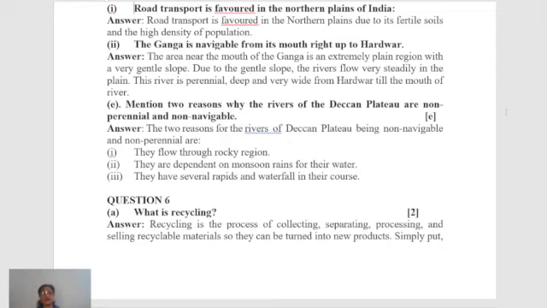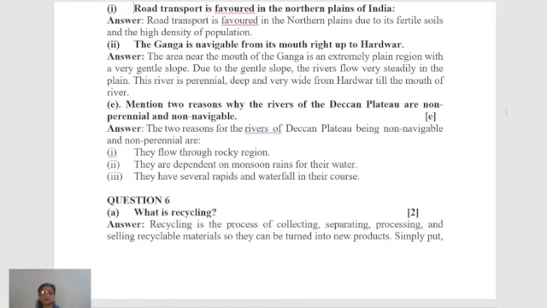This is very wide, so it can easily be used for navigation. Okay, it has got sufficient depth of water also, because it has several tributaries which join during its middle course, right? And so it is always having sufficient depth of water, which is always expected. It is better for the movement of ships and the boats.